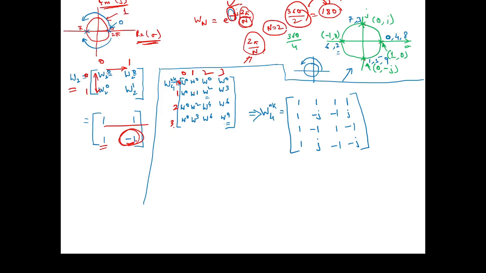If you plot this, you see 1, 2, 3, 4, 6, 9, we are having twiddle factor values up to 9. So where will it start? 0, 1, 2, 3, and again 4 will be equal to 0, and it will keep repeating like that.